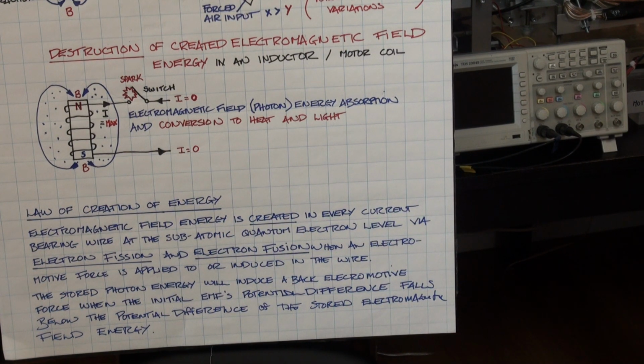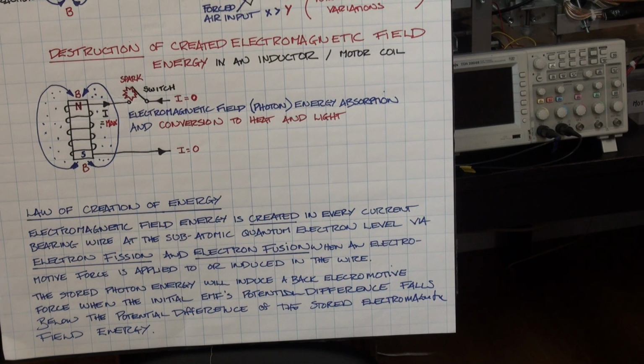This created electromagnetic field energy has been performing all the negative work in every Faraday generator since 1834, according to Lenz's law of induction. The stored photon energy will induce a back electromotive force when the initial EMF's potential difference falls below the potential difference of the stored electromagnetic field energy.